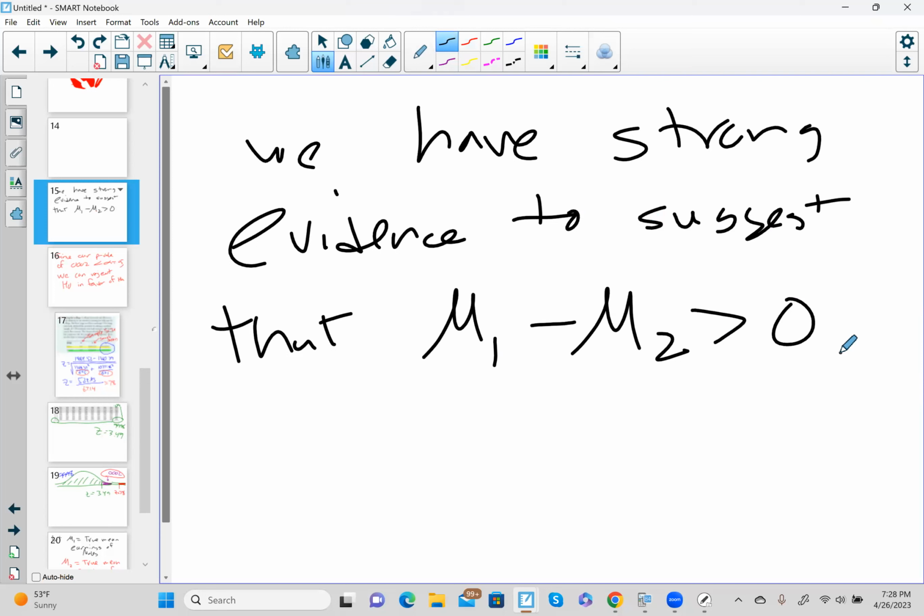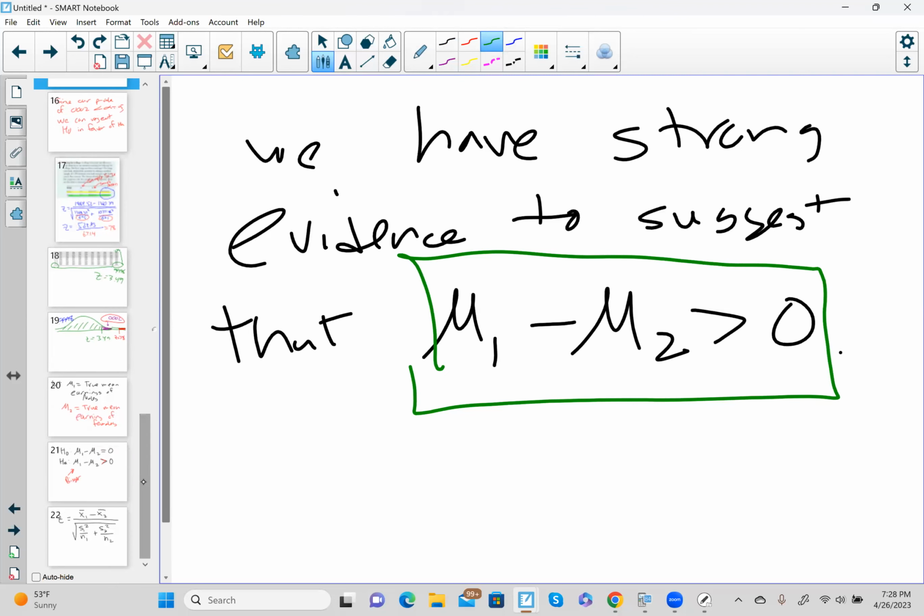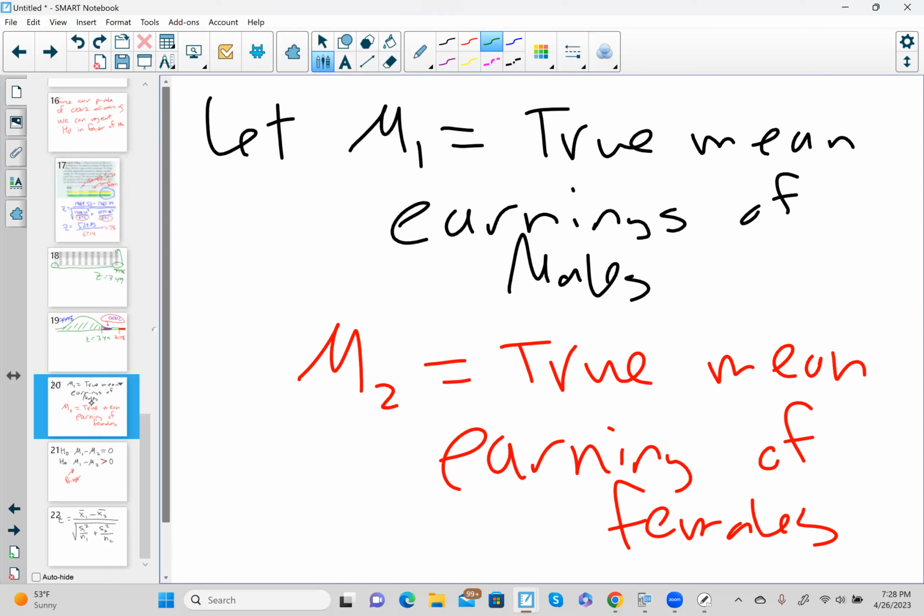And you'll see, I sort of love writing something like this last piece. It's so compact. But if you remember, we defined mu1 before in the question. We wrote down that mu1 was the true mean earnings for males, and that mu2 was the true mean earnings for females.